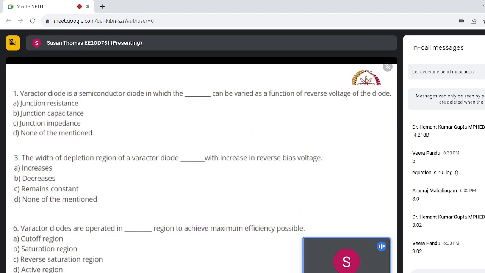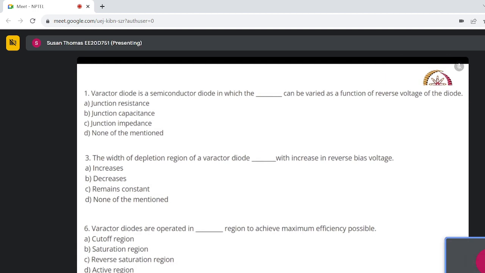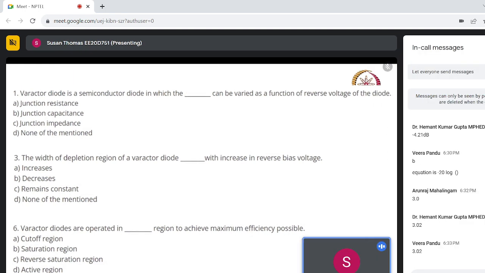Okay, now I have a few MCQs on varactor diode. Varactor diode is a semiconductor diode in which what can be varied as a function of reverse voltage of the diode? Is it the junction resistance? Is it the junction capacitance?